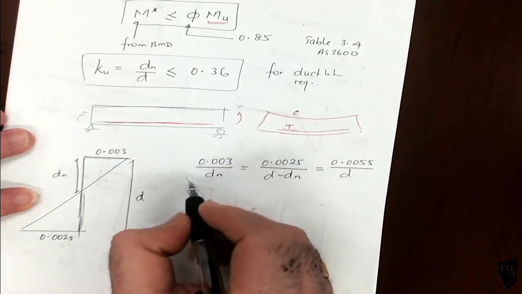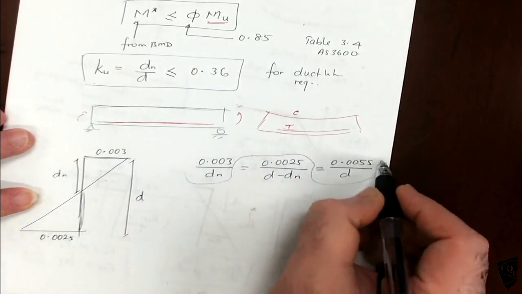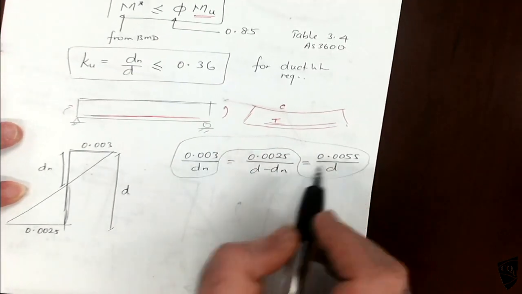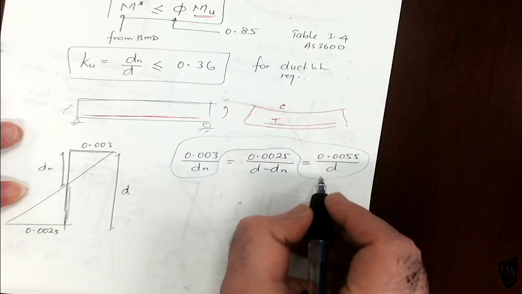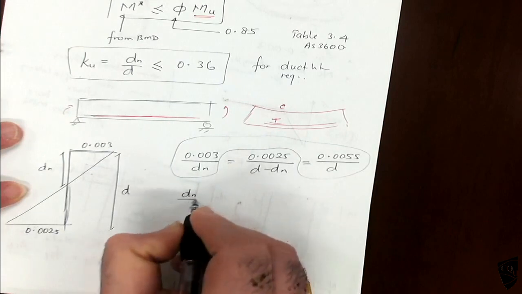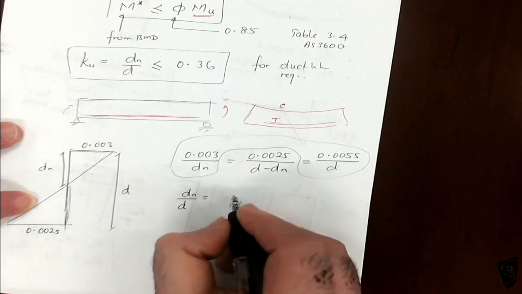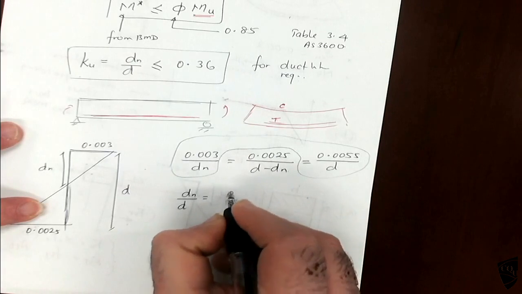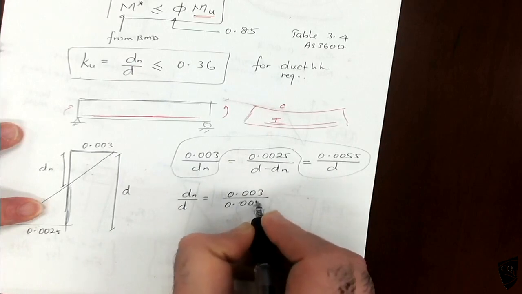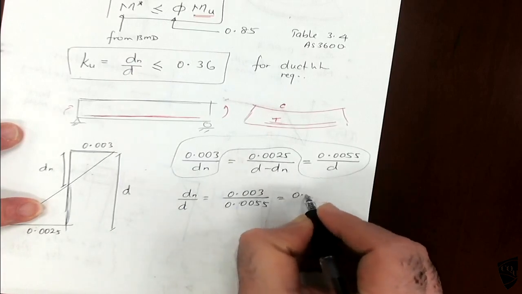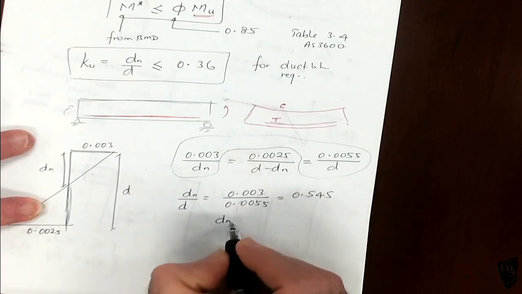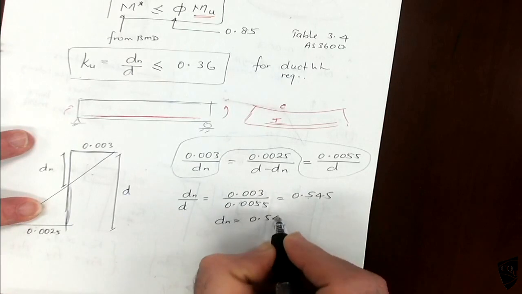So if you look at these two, this is maths, you can add top and bottom. So dn upon d is equal to 0.003 upon 0.0055. If you work it out, you will get 0.545. So dn is equal to 0.545 d.